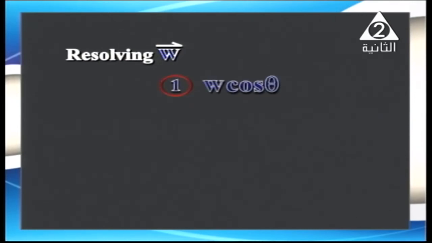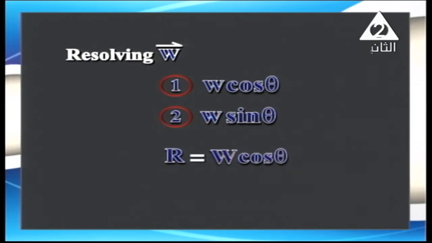Resolve W: number one, W cosine theta, number two, W sine theta. Then R equals W cosine theta, and F equals W sine theta.